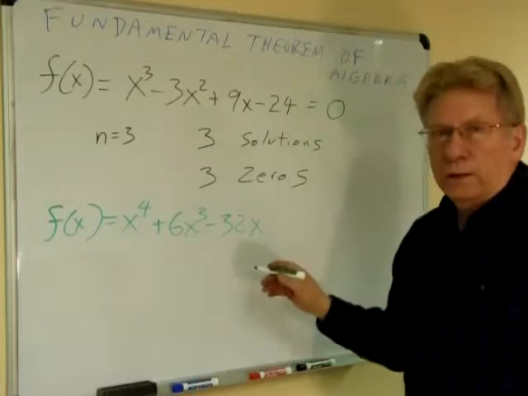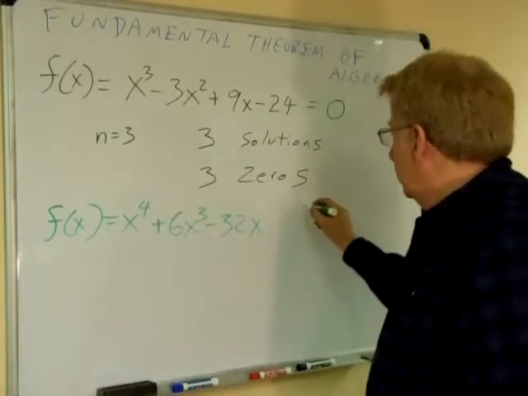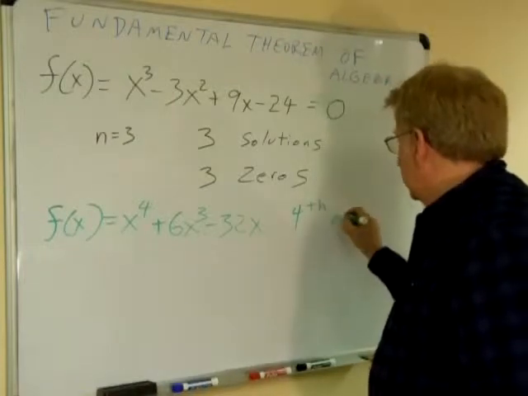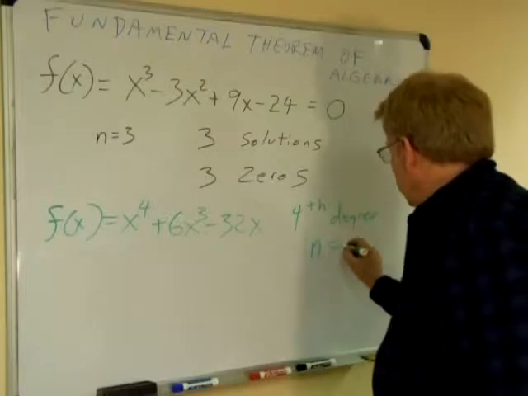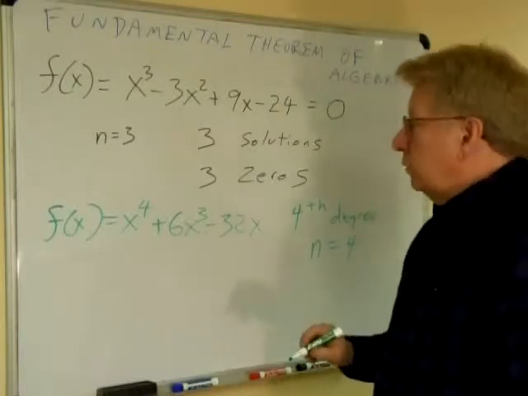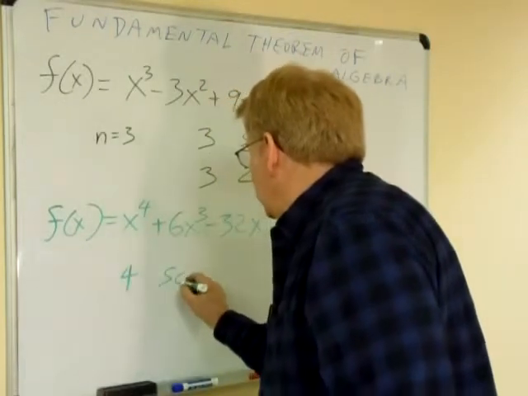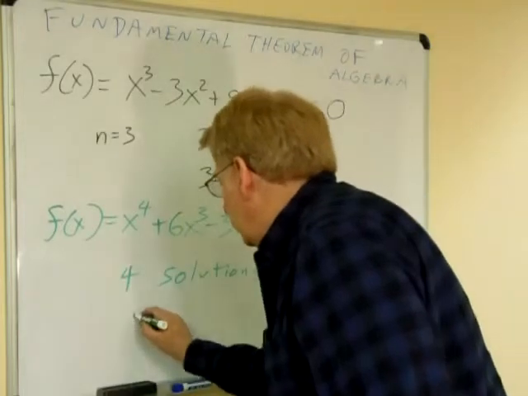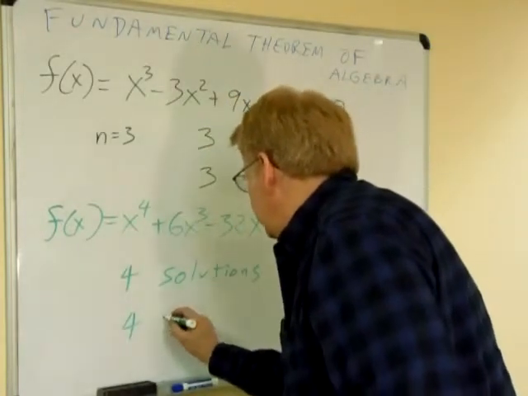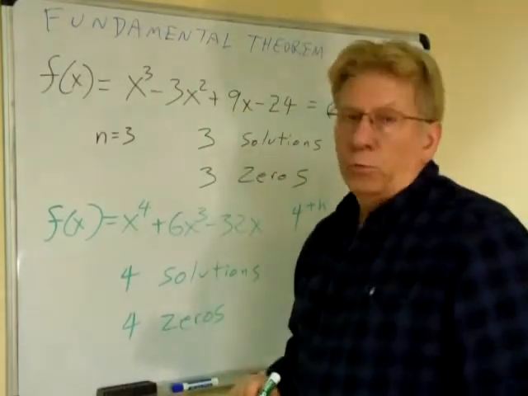So we look at that, and the first thing we see is that 4 is the highest exponent, so it's a 4th degree. So n is equal to 4. So that tells us that there are 4 solutions for x, and it tells us that there are 4 x-intercepts, or 4 zeros, for that polynomial function.